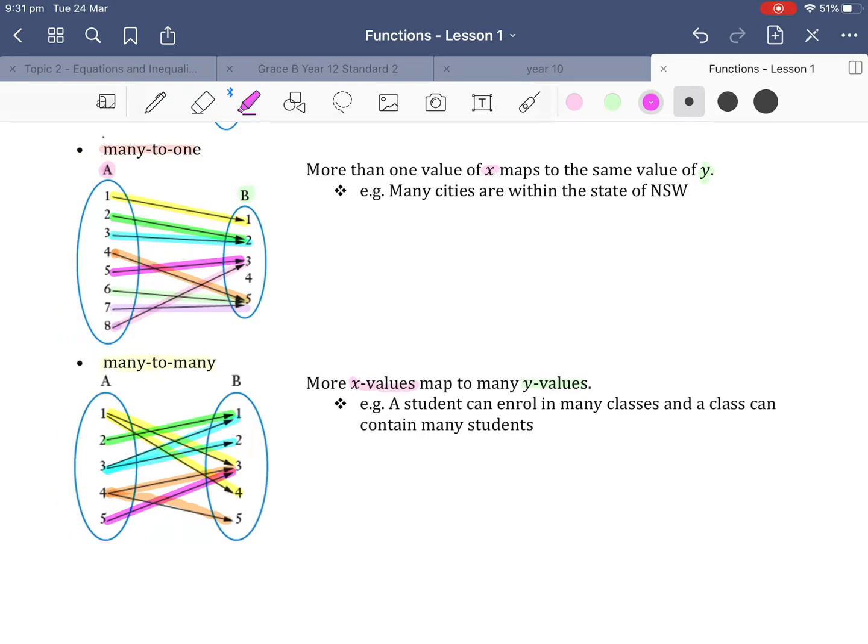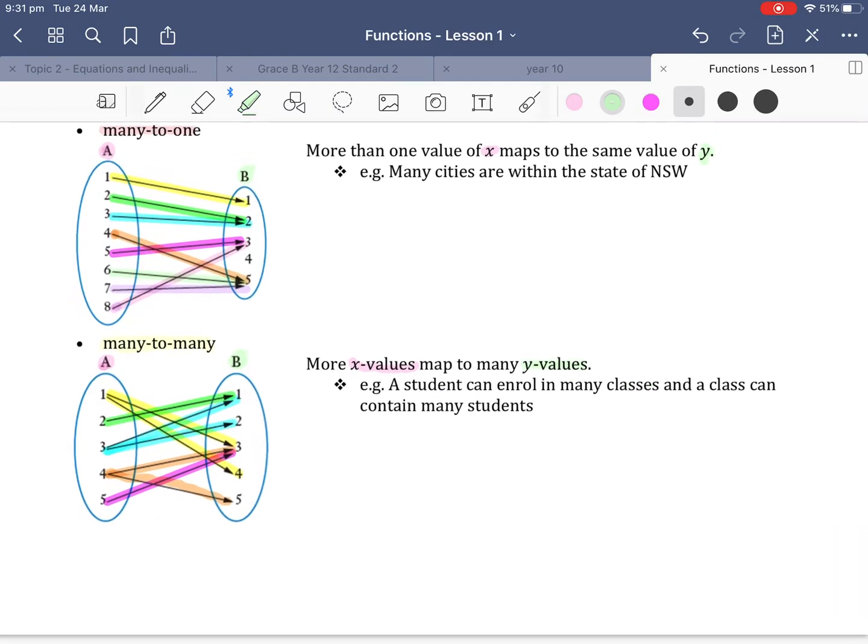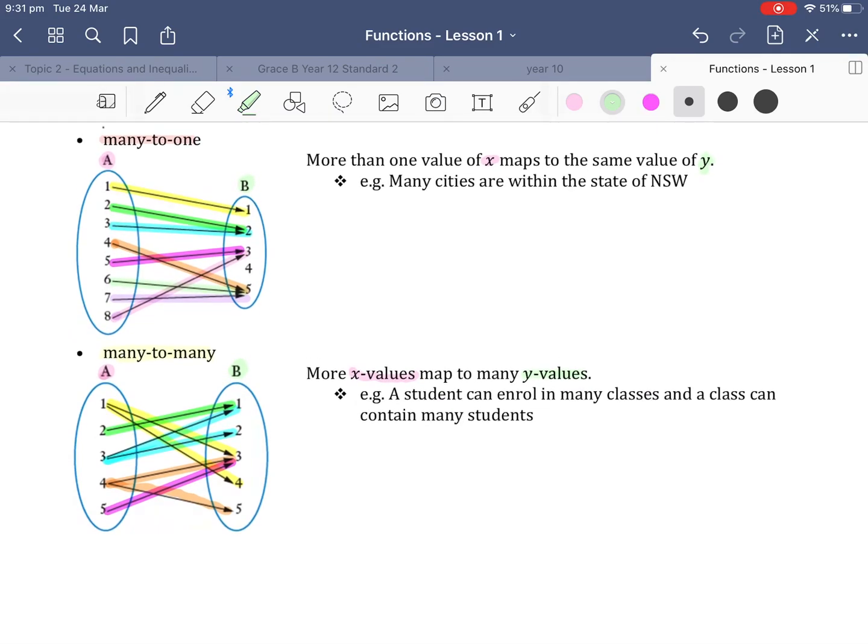So this is basically a bit of a crazy situation going on, because we have stuff coming out of our x values in A and stuff coming out of our y values in B, but more than one A value can come from the same place. So more than one x value can map to more than one y value, and more than one y value could have another x value.